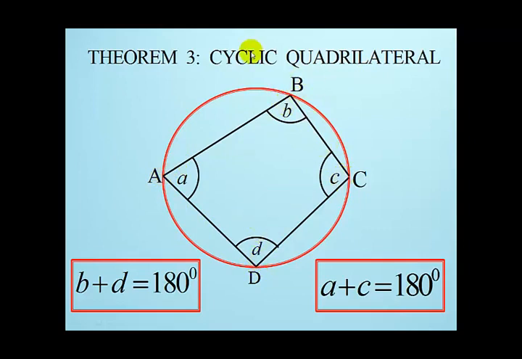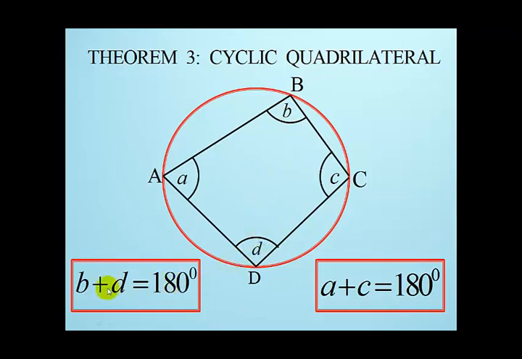Now when we have a cyclic quadrilateral, that's a quadrilateral in a circle, the sum of the opposite angles is equal to 180 degrees. Now when we consider the quadrilateral A, B, C, D, we can see that angle A is opposite to angle C, and angle B is also opposite to angle D. So because the sum of the opposite angles is equal to 180 degrees, it means that angle B plus angle D is equal to 180 degrees.